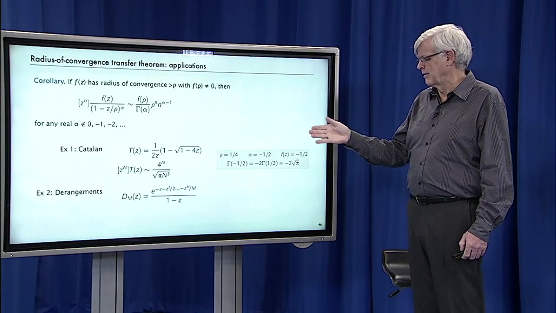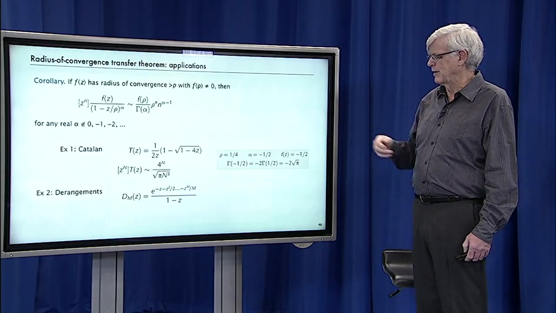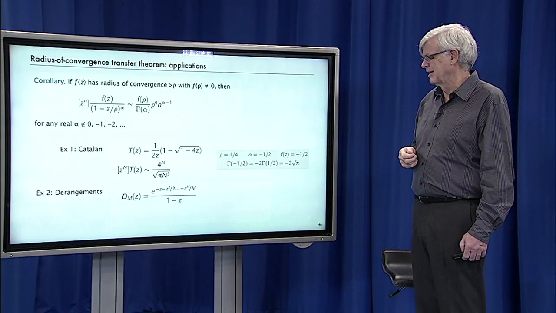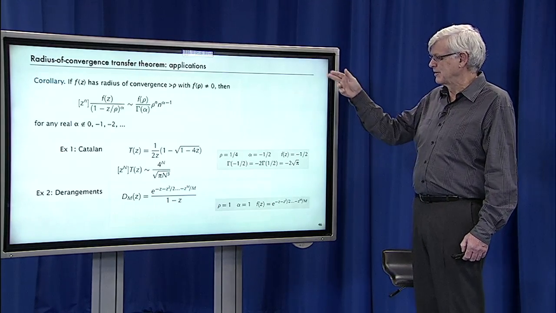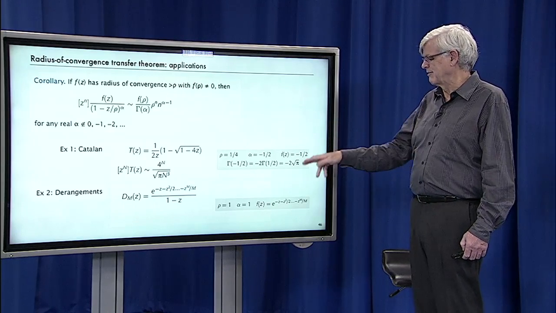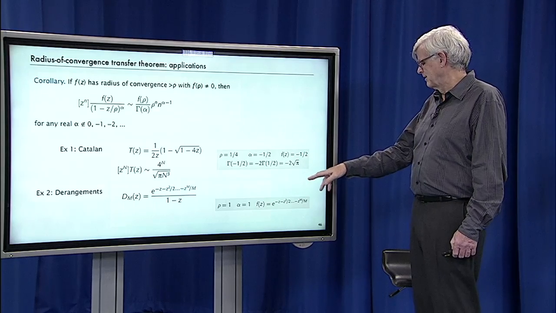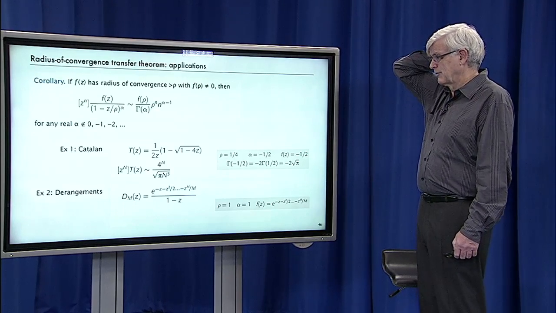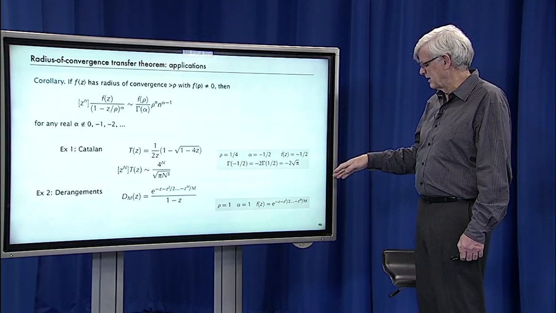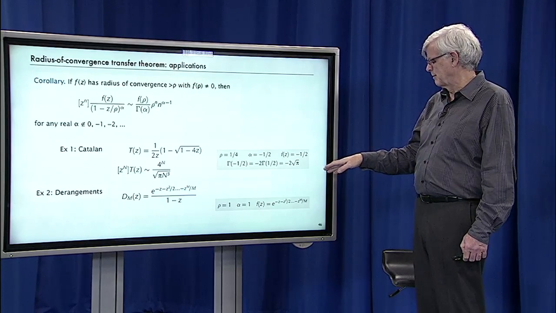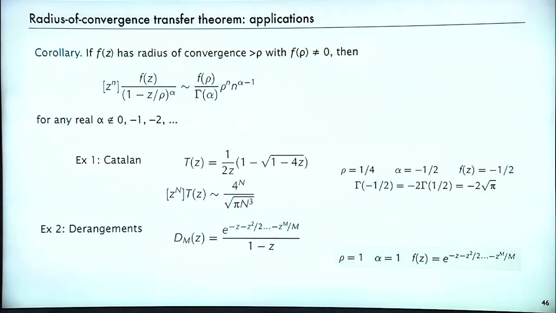So for the number of generalized derangements, we had this complicated function. Not so complicated with this transfer theorem. Now we have alpha equals 1, we have rho equals 1. Our function is just e to the minus z. So all we need to do is evaluate f at 1. That's e to the minus (1 plus 1/2 up to 1 over m).